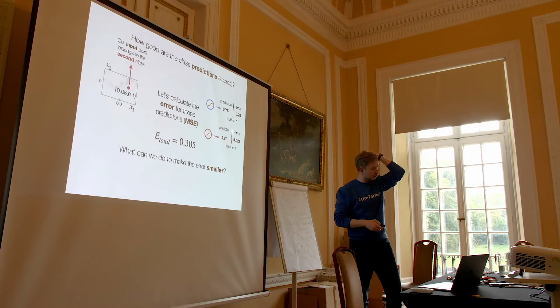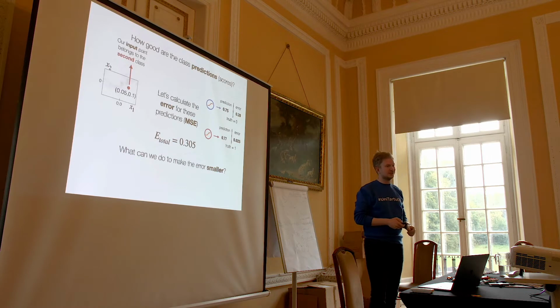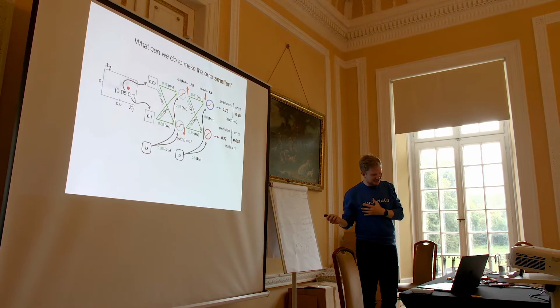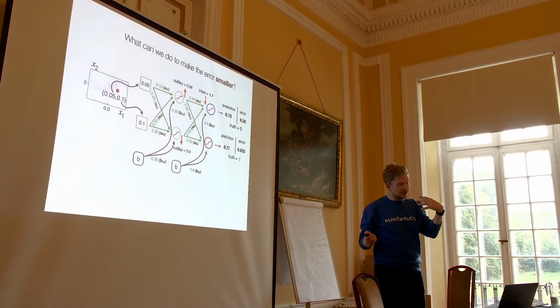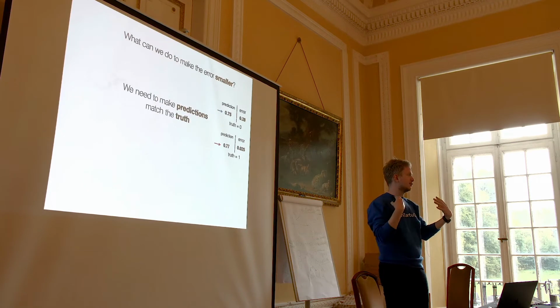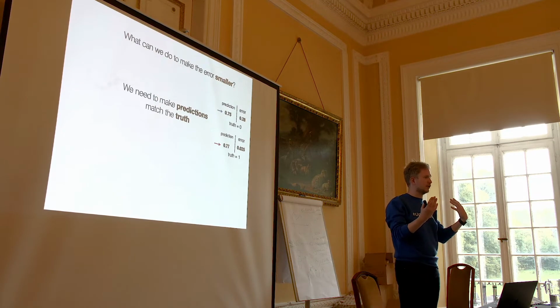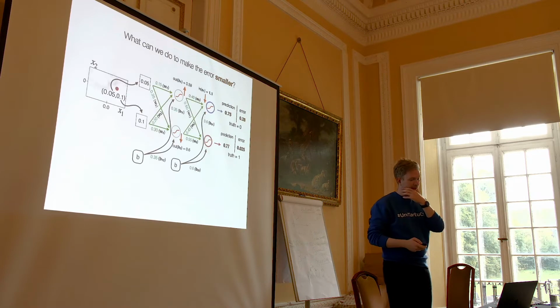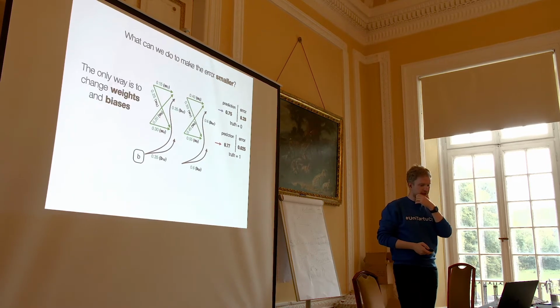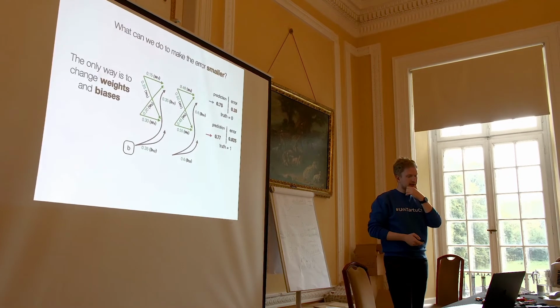But normally, we obviously don't change inputs if we want to change the error. So we only change these things, right? And obviously, with changing weights, we would like to make the predictions match the truth. So that's the way to decrease the error: to make the predictions match the expectations. So the way is to change the weights.